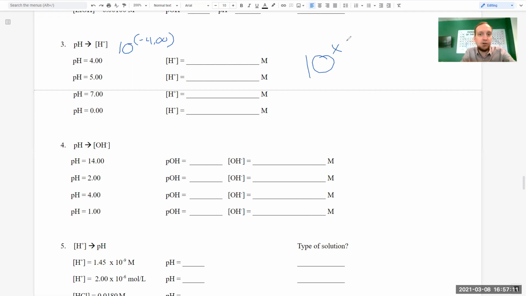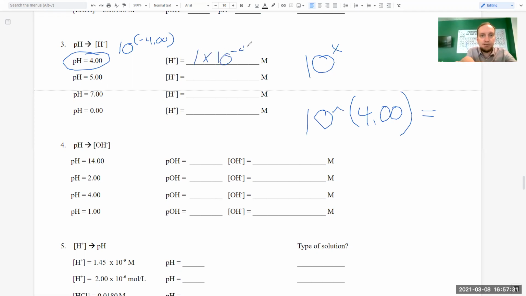And what I get on my calculator is a 10, then it shows a caret and an open parenthesis. I'm going to type in my pH over here, negative 4.00, close my parentheses, and hit my equal sign. And what I get is 1 times 10 to the negative 4.